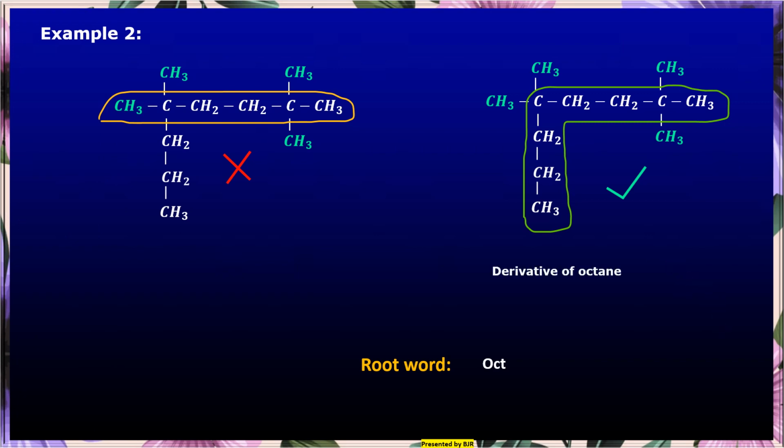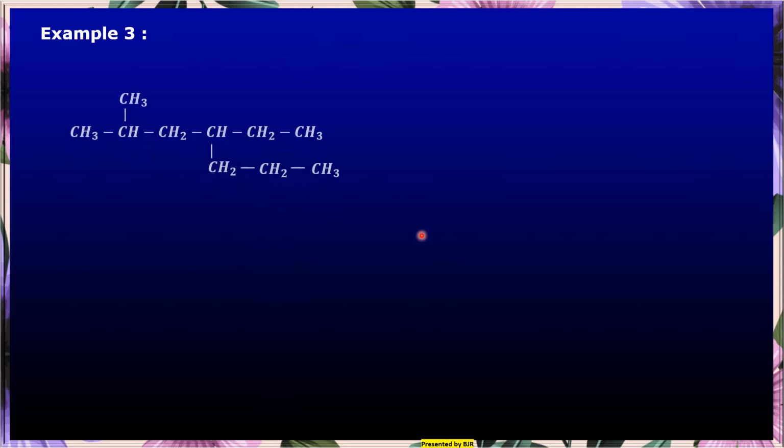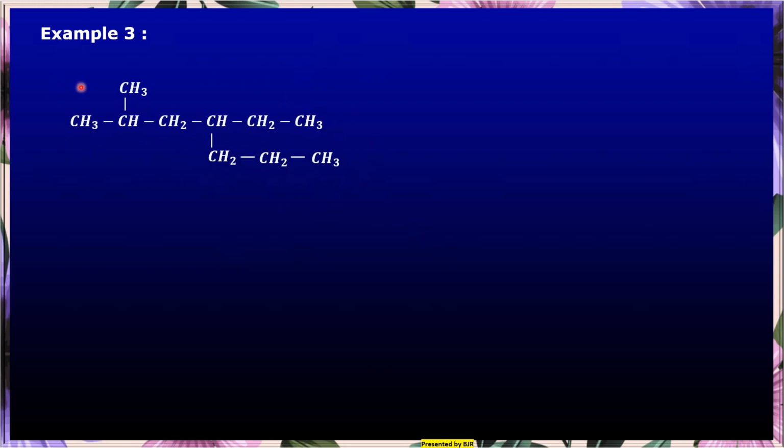Here is another similar example, that is example 3. This is an alkane. In this alkane, the first step is to select the longest continuous chain of carbon atoms, and this longest chain of carbon atoms may or may not be straight. Suppose I select this as the longest chain, see here.